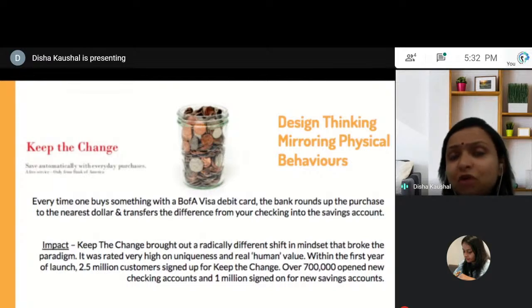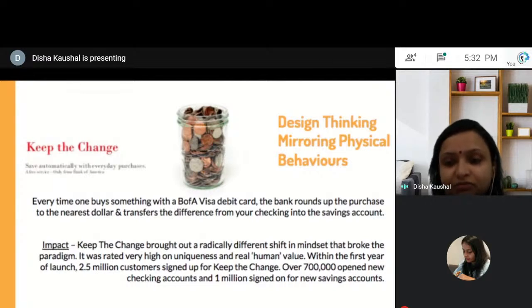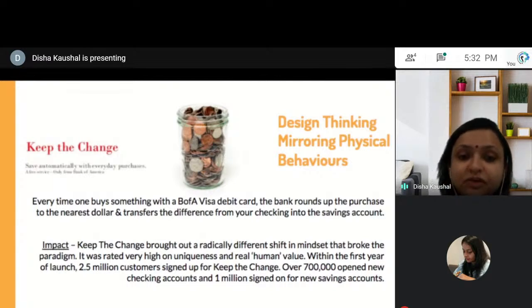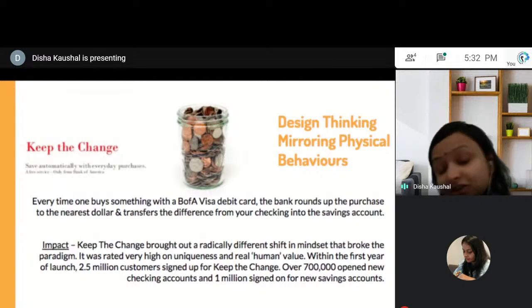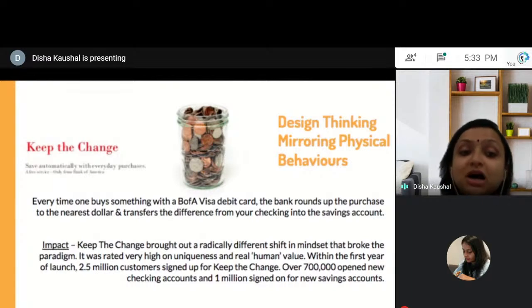Even in your household you would understand that, even if the father gets the majority of the income in the family, major household expenditure decisions are taken by the mother or the lady of the house, as is very common in India, and in most parts of the world. So understanding that kind of behavior and mirroring it in a digital transaction is a brilliant insight.